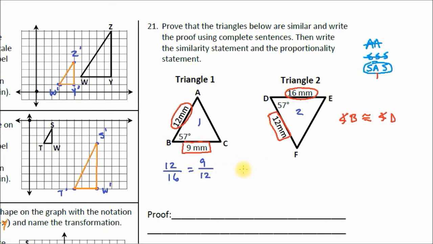Well, let's multiply this out. 12 times 12 is 144. 16 times 9 is 144. Class, we have side proportionality. So this side and this side are proportional. We have SAS similarity.